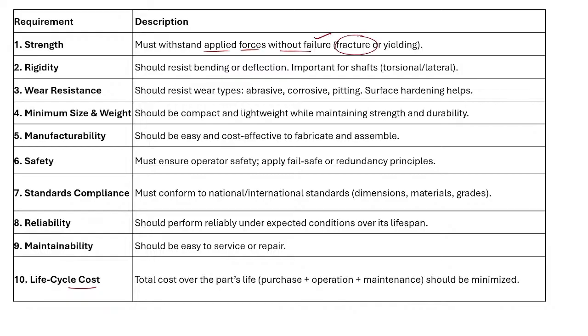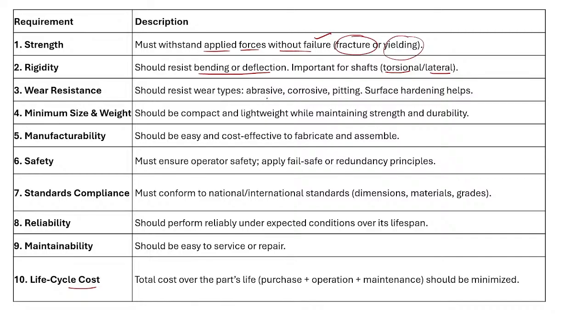It could be in the form of fracture or yielding. Yielding means plastic deformation. Rigidity is its ability to resist bending or deflection, especially when it is subjected to twisting loads or bending loads. Wear resistance is the ability to resist the indentation or penetration of one component inside another.